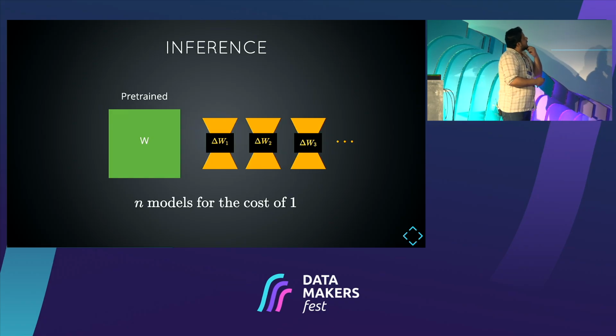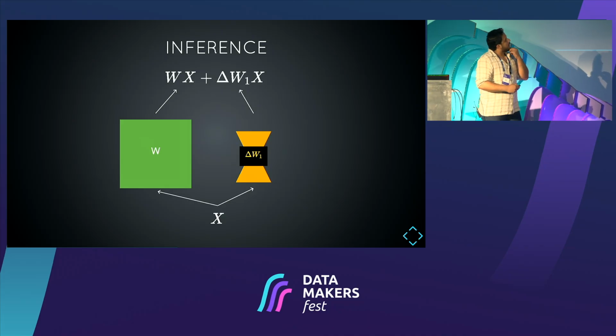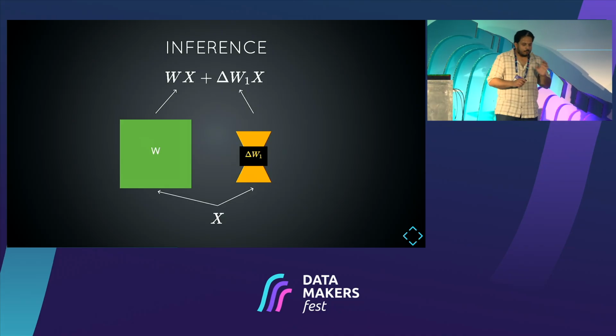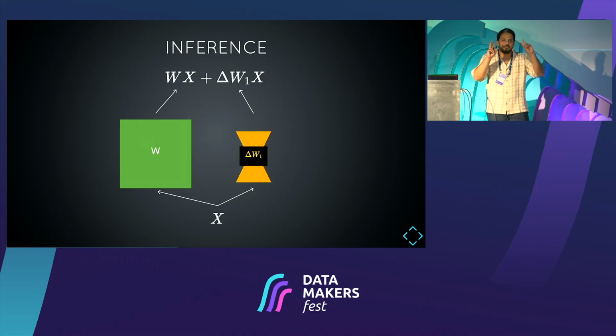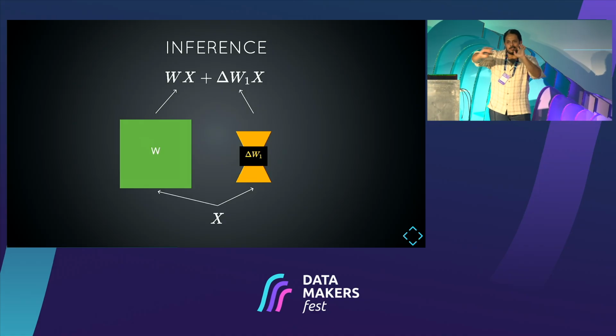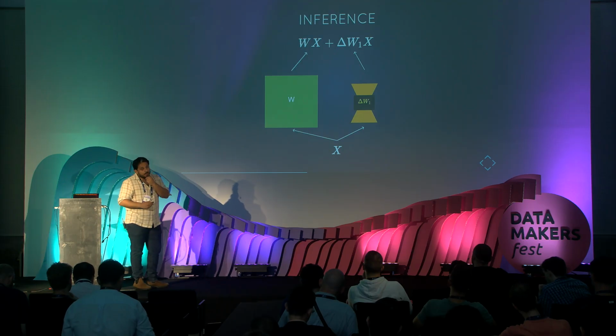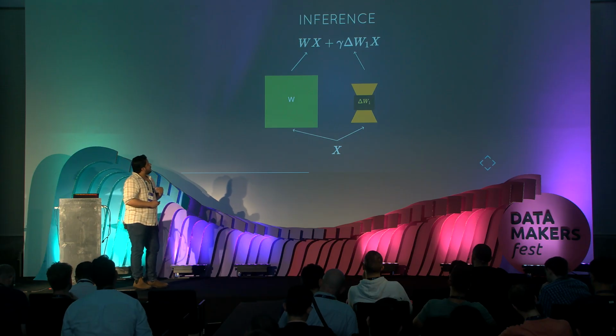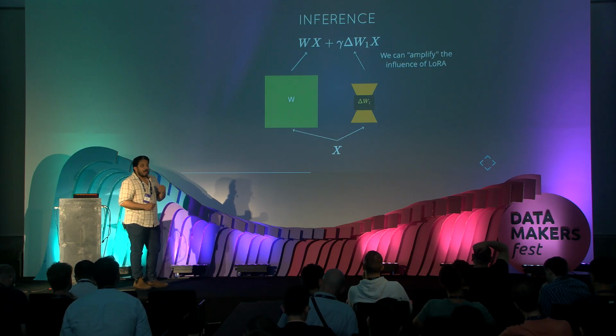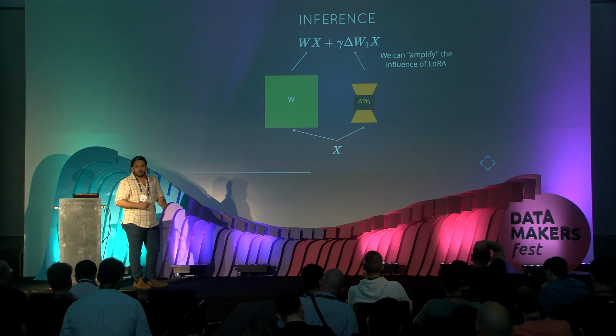But now let's think about where we are right now. We have managed to capture our data set in a smaller set of weights. And this addition here, that's what we're doing, it's happening within our control now. So we can actually amplify the output coming from my adapter.